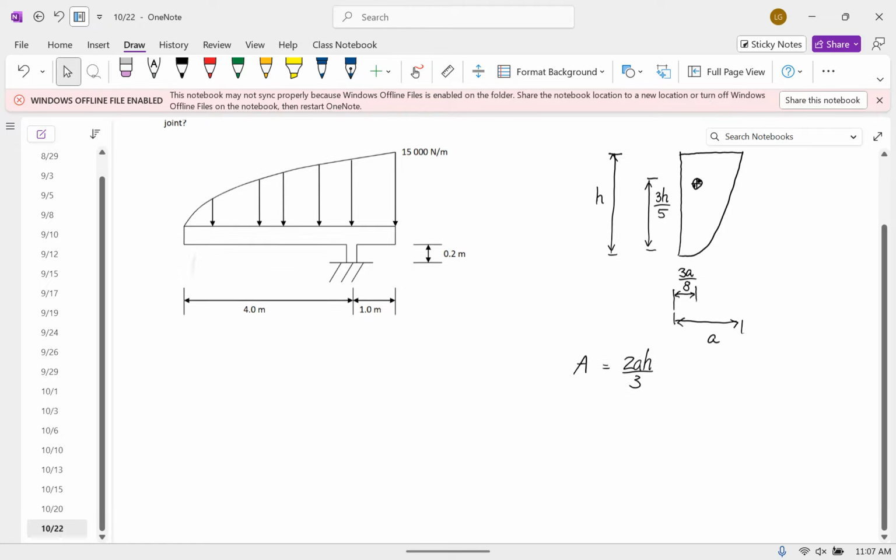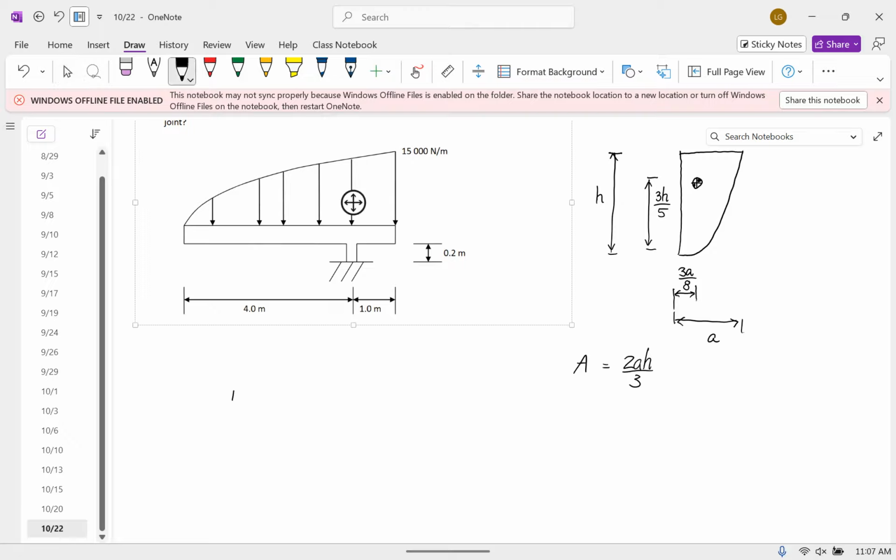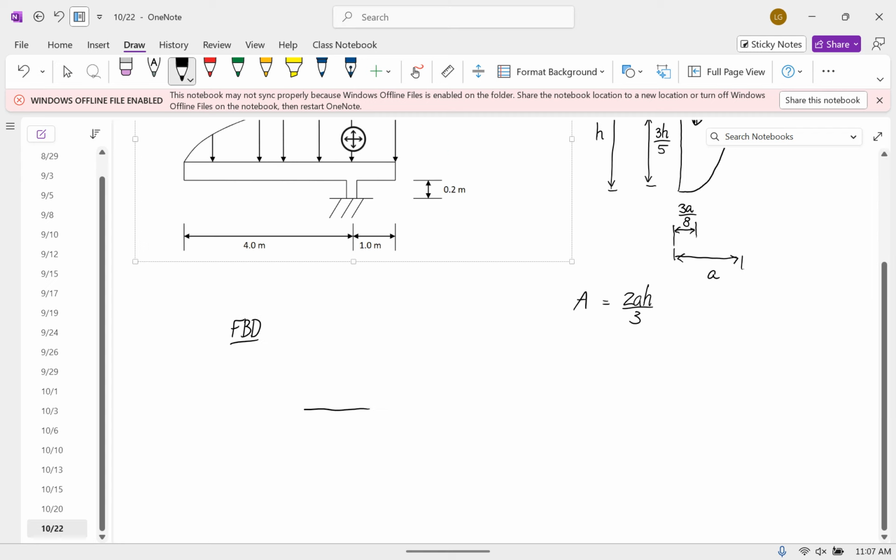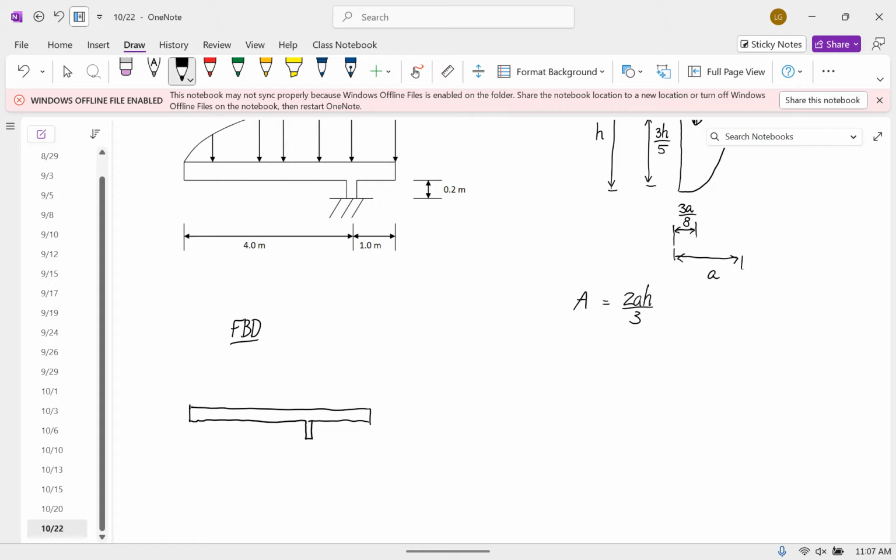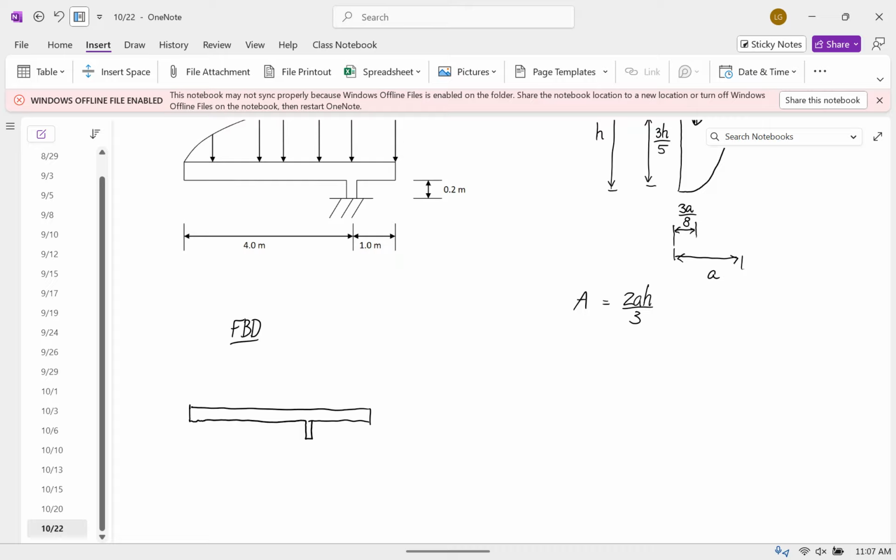All right, well, I'm going to draw first the free body diagram with that distributed load in there. Whatever, that looks terrible. Worst parabola ever.